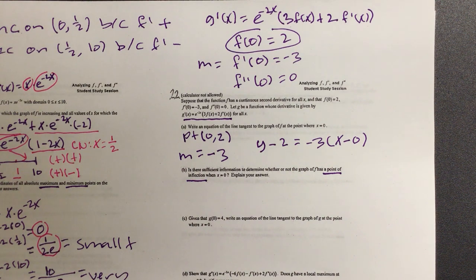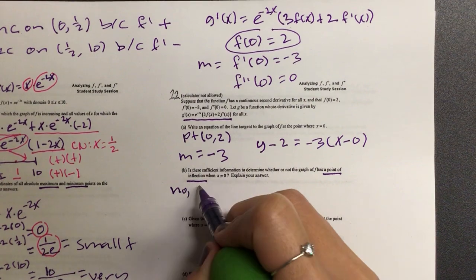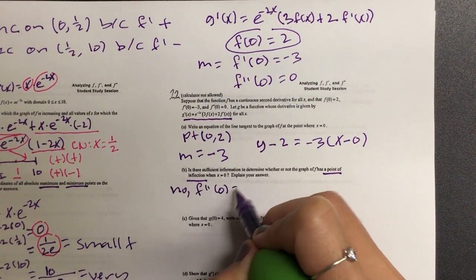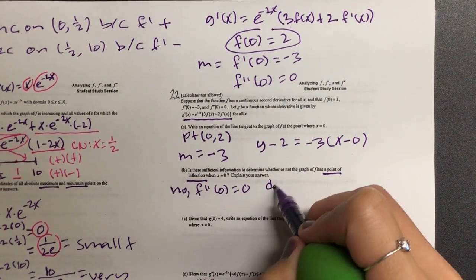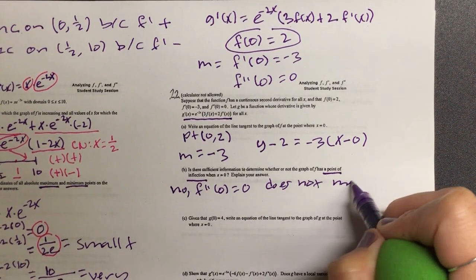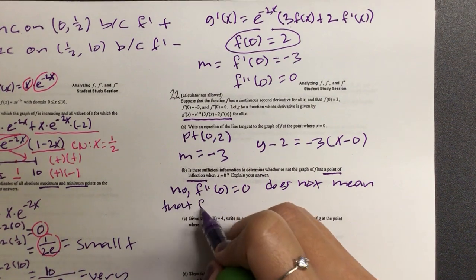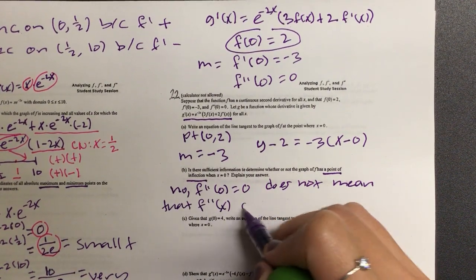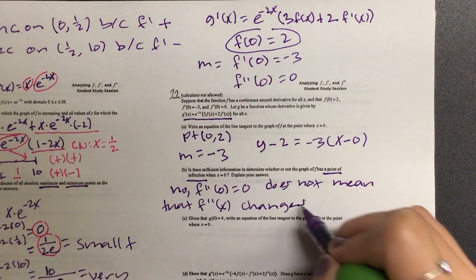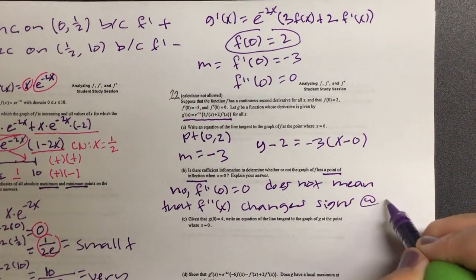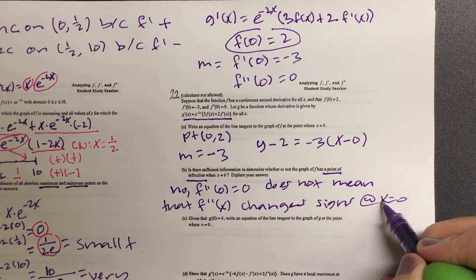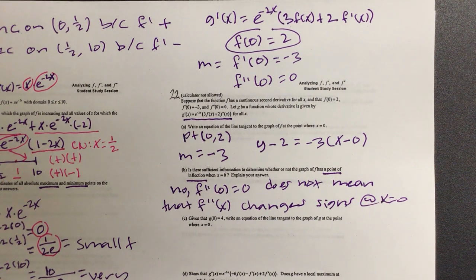They could both be concave up or concave down. So it's not a guarantee, so we're going to write no. Even though f double prime is equal to 0, it does not mean that f double prime changes signs. That is not a guarantee at x equals 0, because things can be concave up and continue to be concave up, and vice versa.